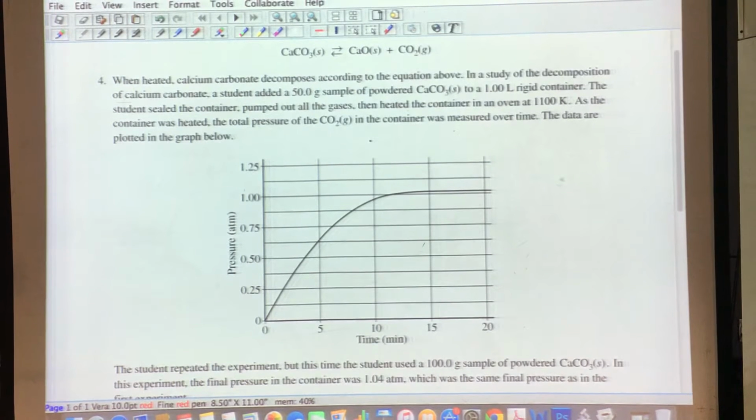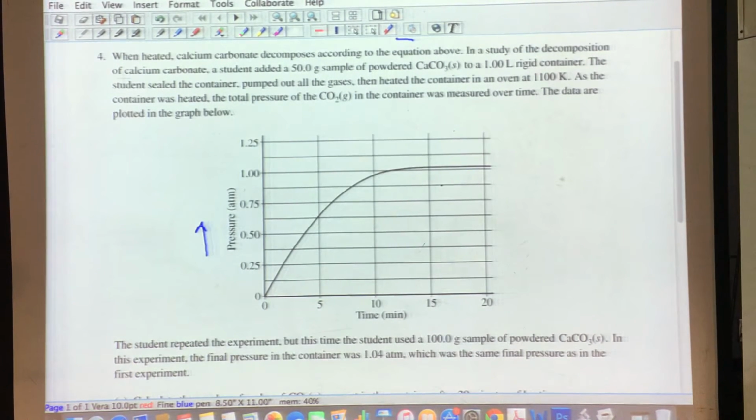So we can clearly see that as the temperature rose, the calcium carbonate decomposed into a gas. That gas created an increase in pressure, and you can see that it leveled off. That's a key to this, I think. The student repeated the experiment, but this time used a 100 gram sample of powdered calcium carbonate. In the experiment, the final pressure in the container was 1.04 atmospheres. Did they give us a final pressure?